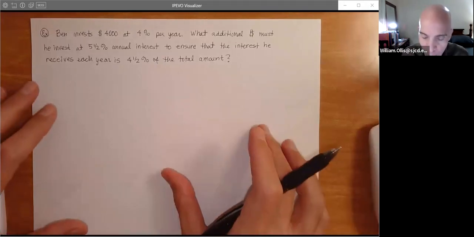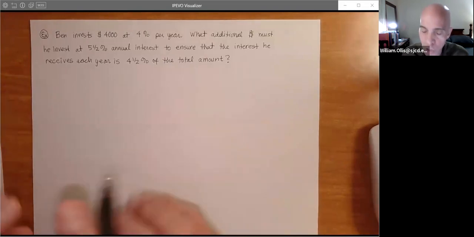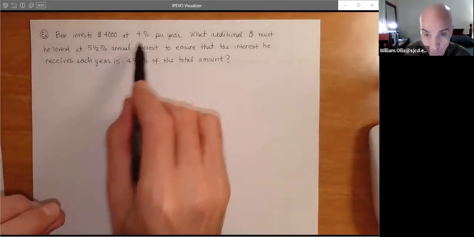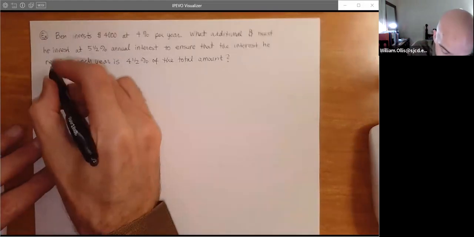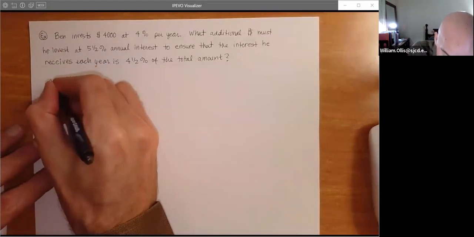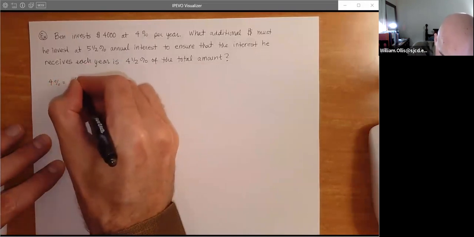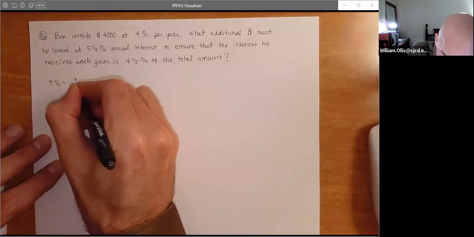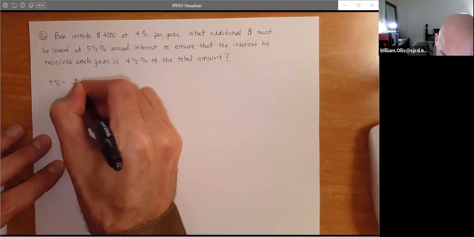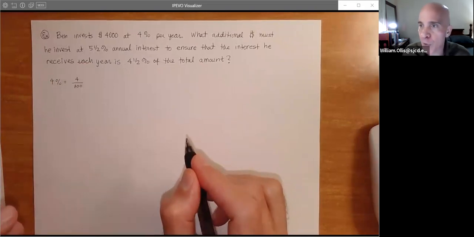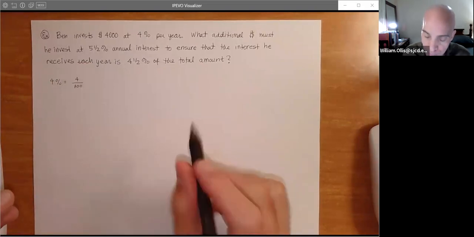Now, with this problem, a very simple problem, but I want to show you some techniques. We have Ben invest 4,000 at 4% per year. So I want to go ahead and just do some conversions. 4% is just 4 over 100. Sometimes decimals are good, sometimes they're not, especially when we want to let the mathematics do most of the work for us.